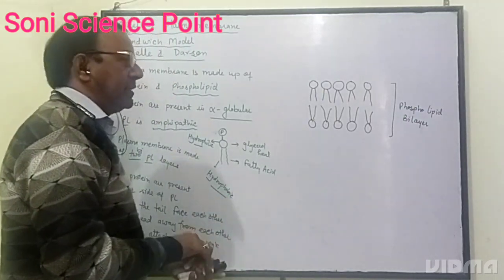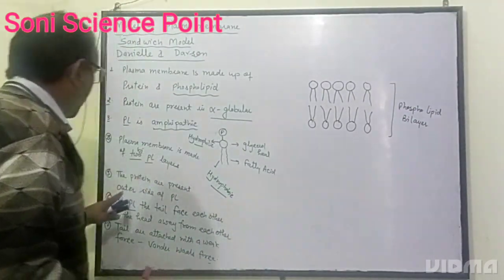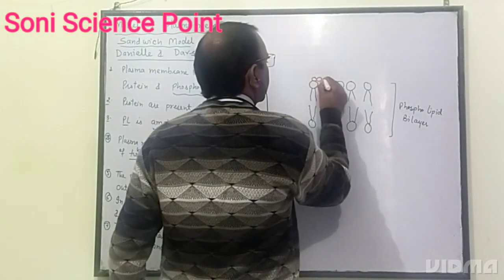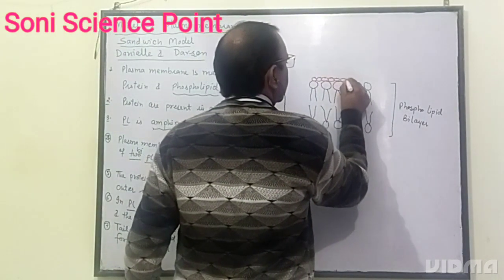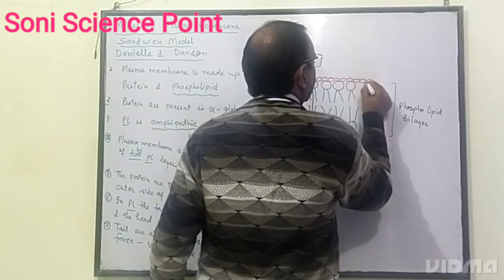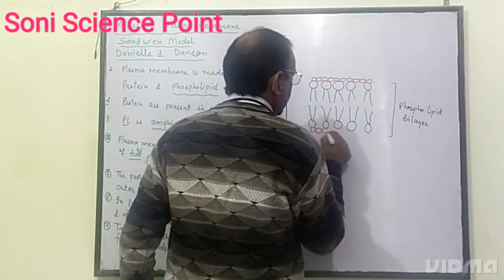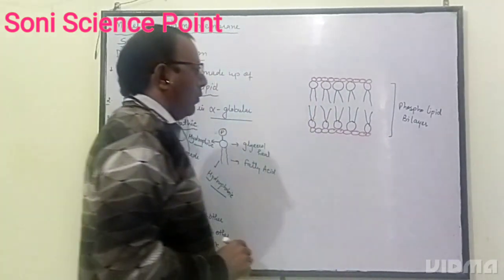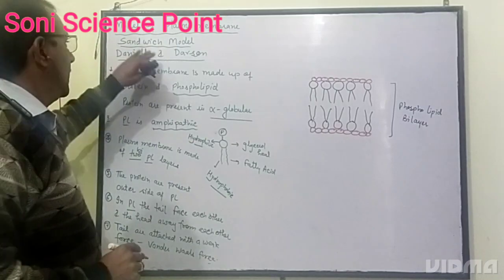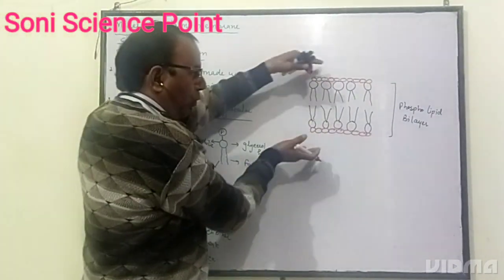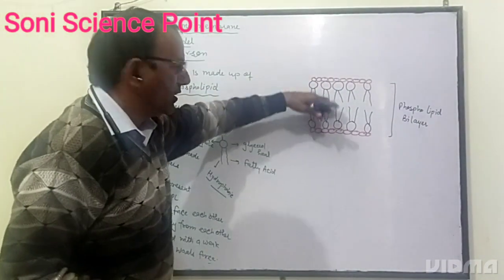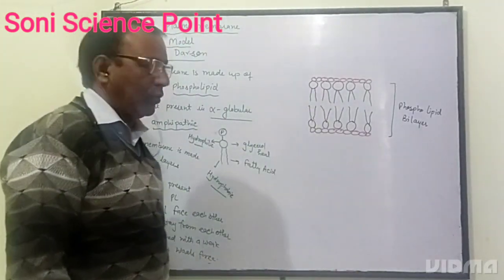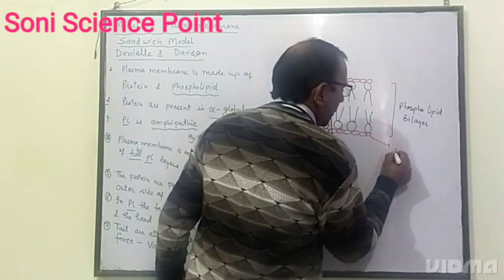Next, the protein is present in globular forms outside the phospholipid. This is the protein. Why did Danielli and Davson propose the sandwich model? This protein makes two layers just like a bread slice, and the substances are present inside it. So they called it the sandwich model.